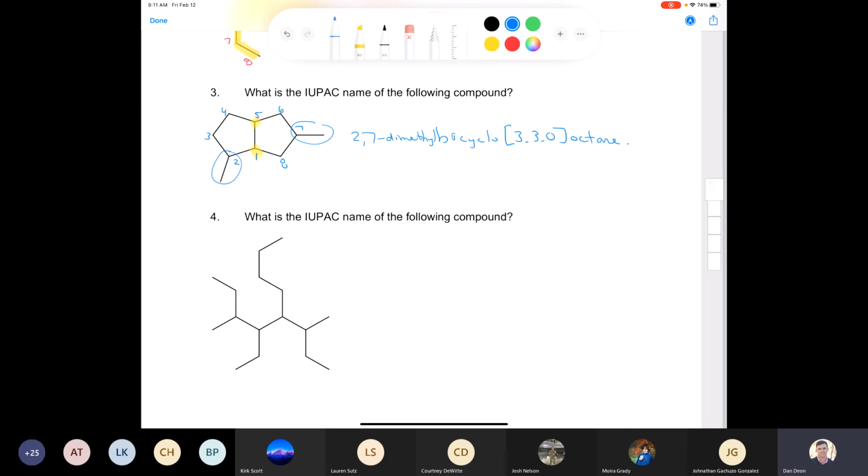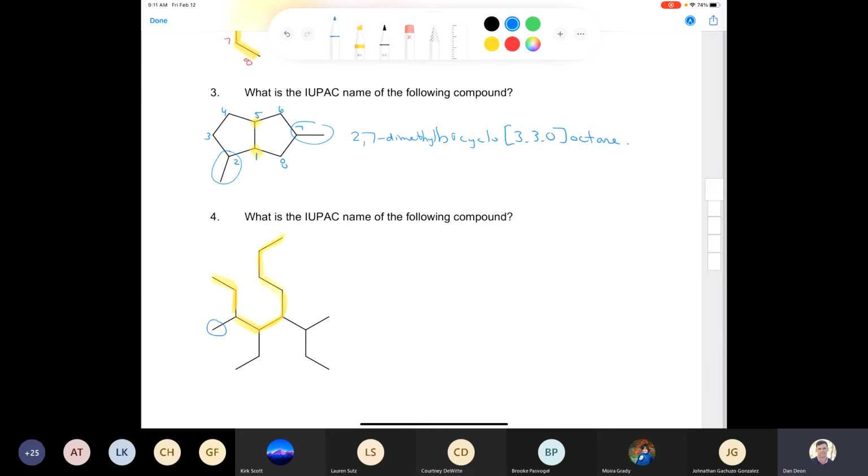Could try number 4. The longest chain in here would have 1, 2, 3, 4, 5, 6, 7, 8, 9 carbons.